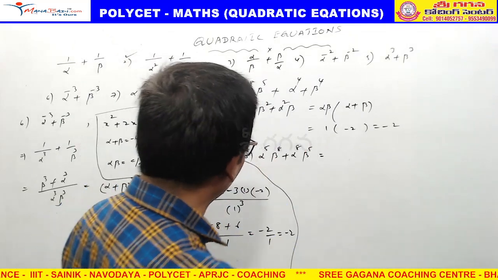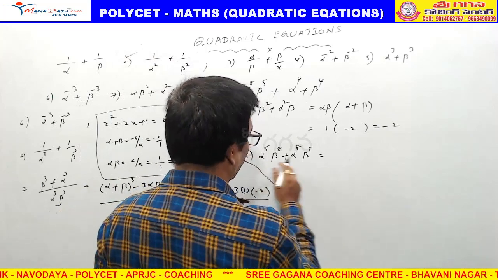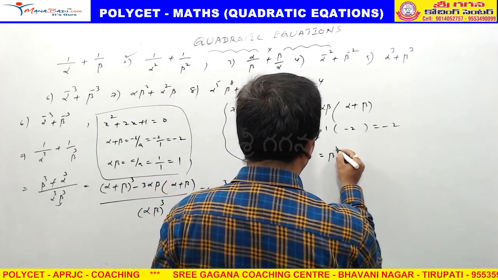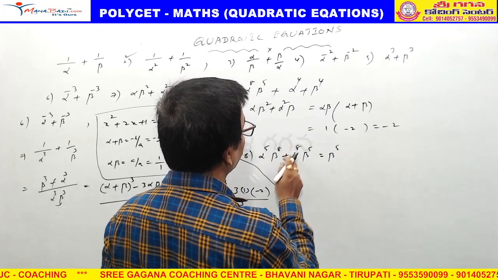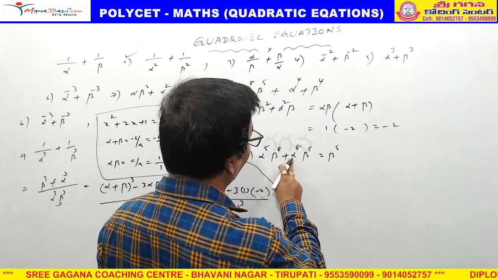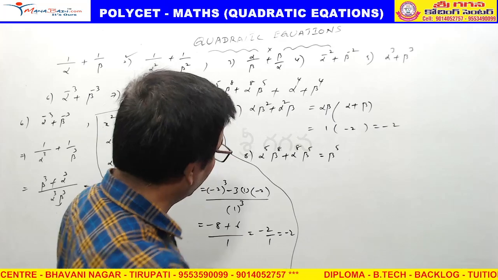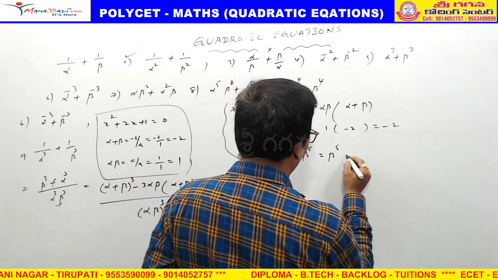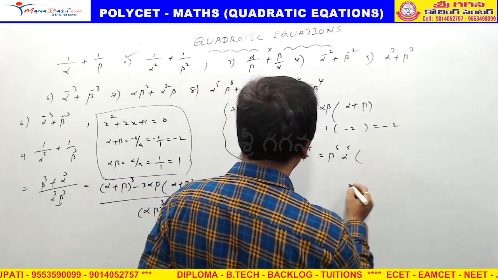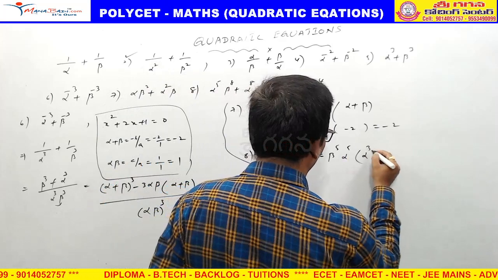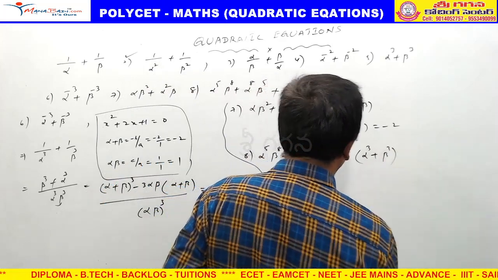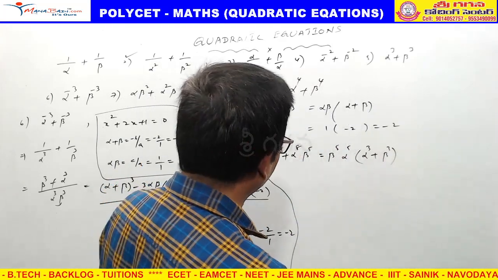That's why I am taking from the first term beta power 5. In the second term, 8 alpha terms are there. That's why from the second one I am taking common alpha, and from the first term I am taking beta. So don't get confused here. If you take common alpha power 5, then what you get here is alpha power 3, here beta power 3. You can multiply again, the same equation will come.